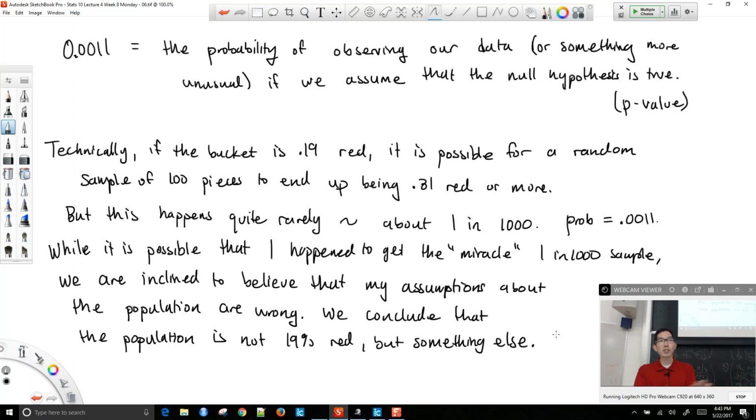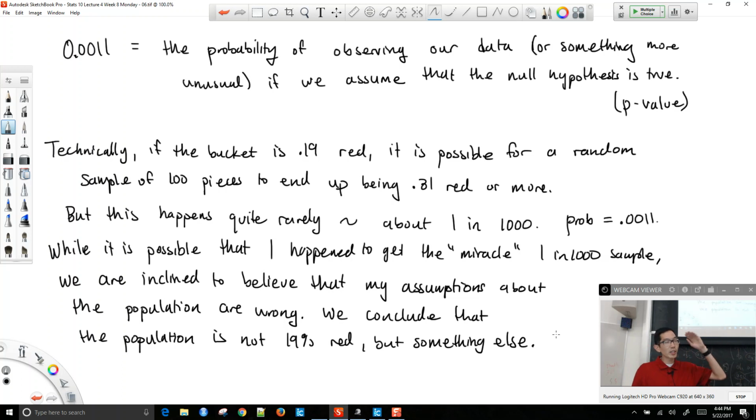We did the math and yes, they're pretty different, because getting 31% red only happens about 1 in 1,000 cases. Because they're quite different, my observation is different from what I expected. And because I actually observed this data, I'm going to conclude that the assumptions that went into my expectation were wrong.